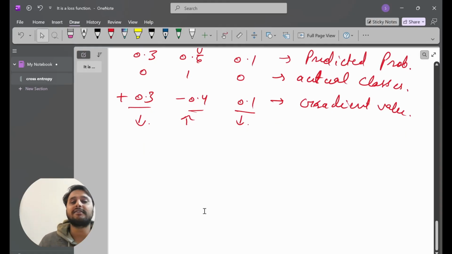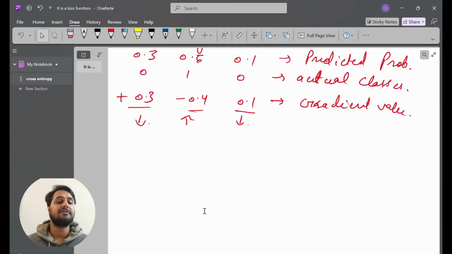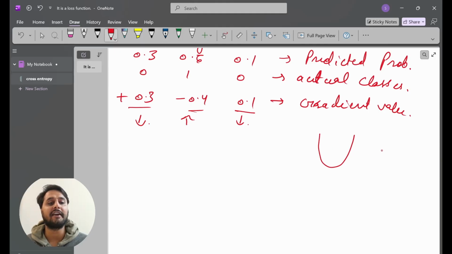The gradient tells us in which direction we should move, and we use a famous optimization technique called gradient descent. The loss lies at a point at the start, and here there is a global minima.